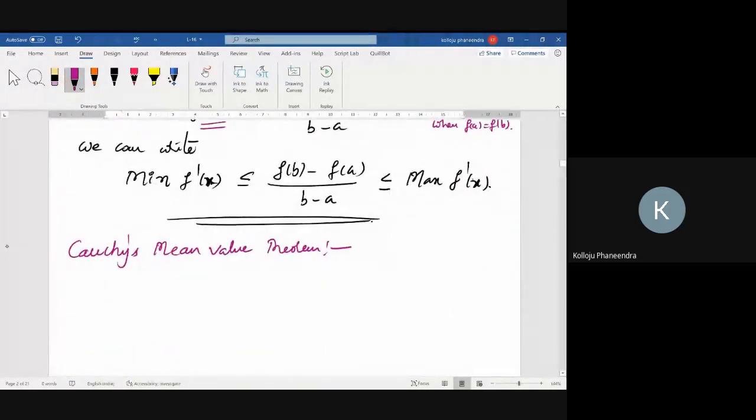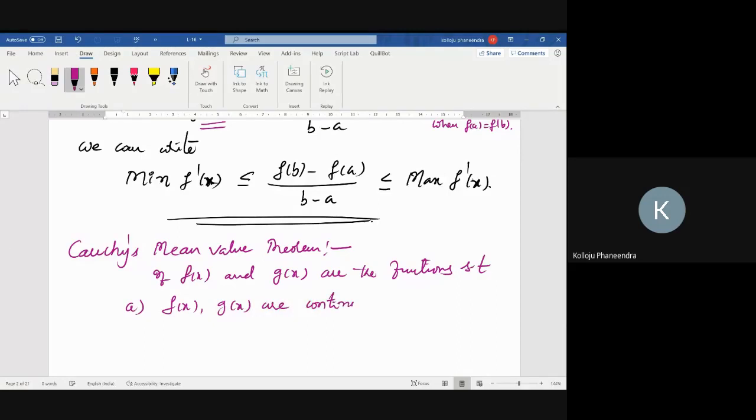And coming to Cauchy's mean value theorem, we have two functions here, not a single function. If f of x and g of x are functions such that, first point, f of x and g of x are continuous in the closed interval AB.